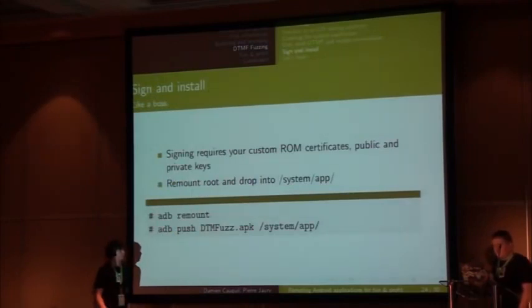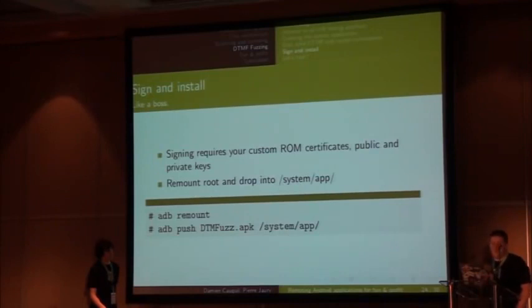Eventually, to install the application, you need to sign it with the same private key used to sign all the system applications. And this is why you need to root your phone in order to install this DTMF fuzzer. If you do not sign the application with the exact private key used by the people who designed the ROM, your application will not be recognized as a system application and cannot be run on your phone.